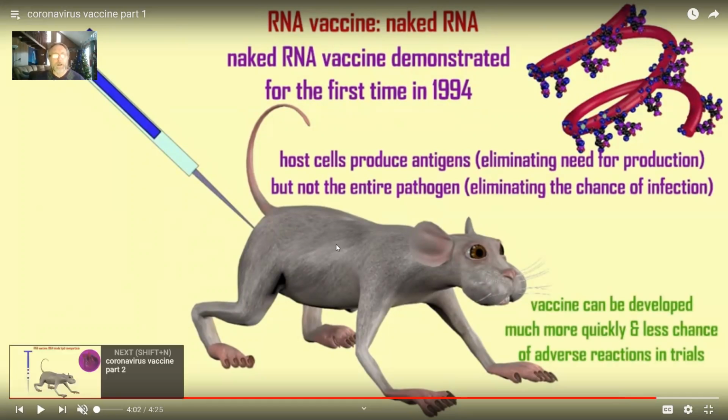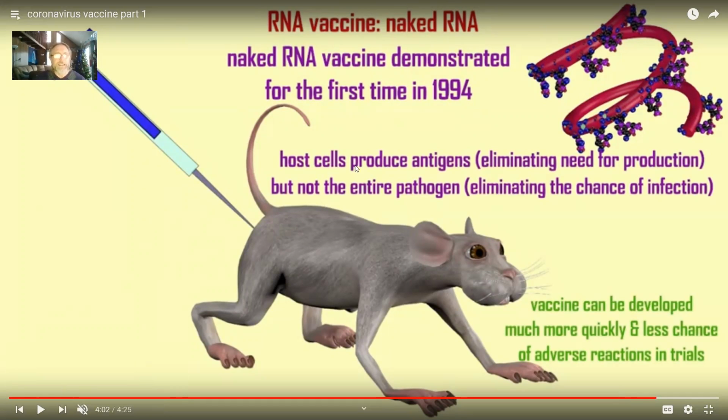The beauty of this is that it is the host cells which are making the red spike proteins. Therefore, you don't have to make it in a factory. You don't have to do quality controls. You don't have to purify it. And since you're just making the spike protein and not the entire pathogen, you're limiting the chance of an infection. So this is superior to the traditional vaccines.